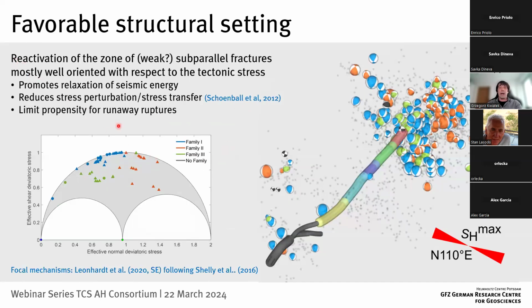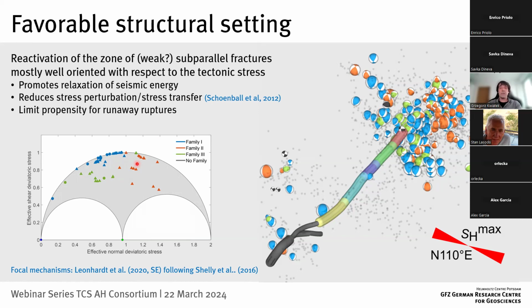If you combine the hypocenter locations with the focal mechanisms, they indicate that the stimulation activated a network of subparallel fractures that are mostly favorably oriented with respect to the stress field. And this is obviously a fundamentally different scenario than injection into a prominent fault.